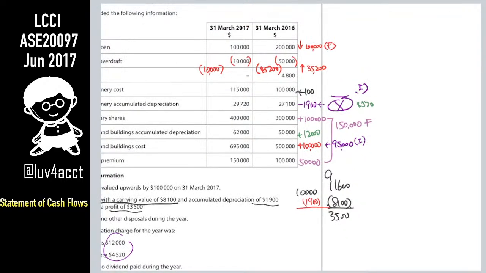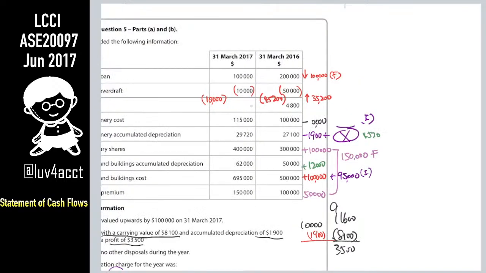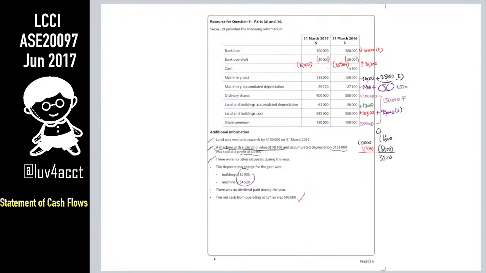Add 10,000, so 100,000 minus 10,000 means 90,000, and then 115. That is a purchase of 25,000. So 25,000 as the purchase of machinery, 11600 as the proceeds.